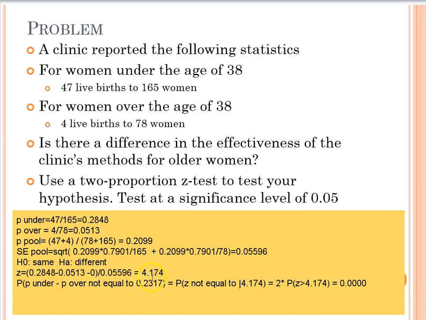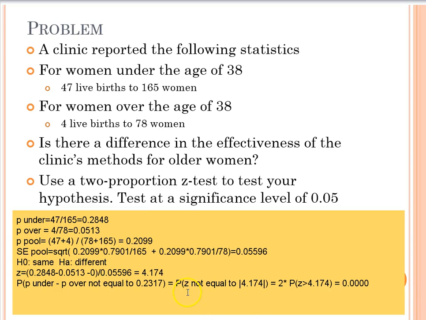And so the value that the observed difference is 0.2317. That's equivalent to saying the z-score is not equal to the absolute value of 4.174, the value that we calculated. So we want to see how unusual is this sample that we've observed if the null hypothesis is true.